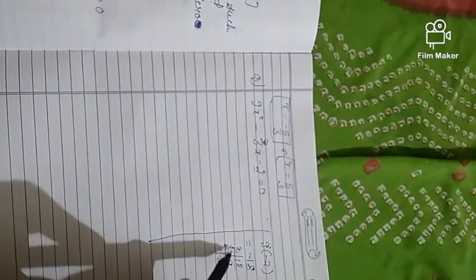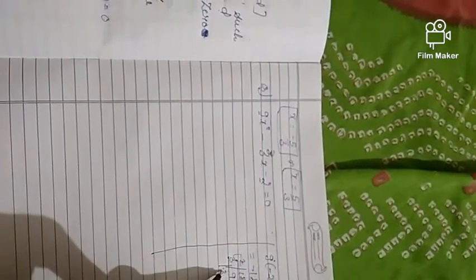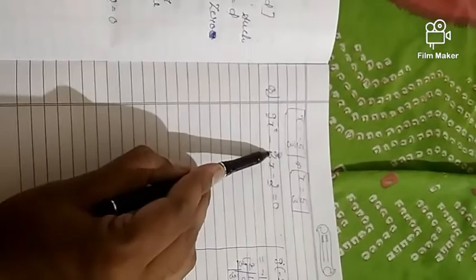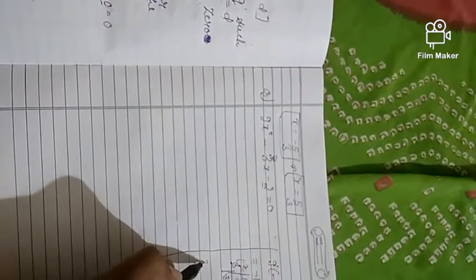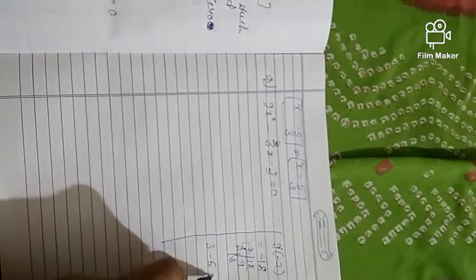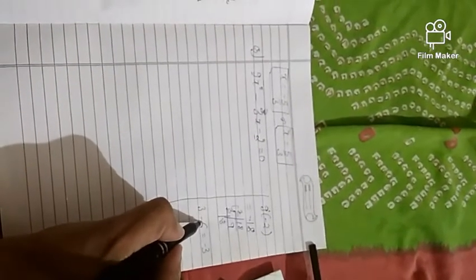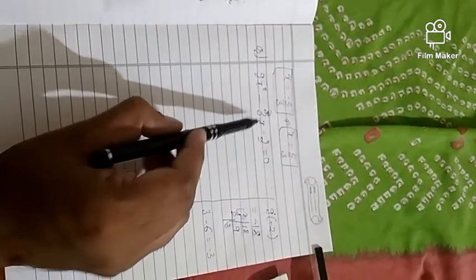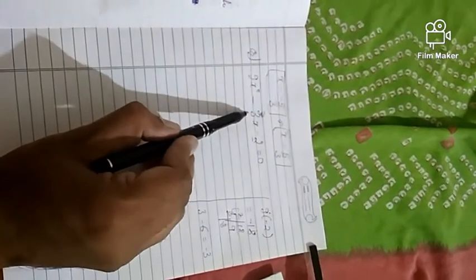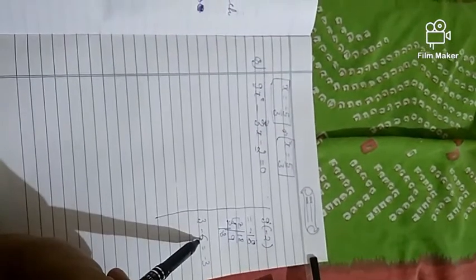See, 6 minus 3 is 3, but I need minus 3, so I can write 3 minus 6, what I can get is minus 3, and 3 into minus 6 is minus 18. So I have split the middle term. Instead of minus 3x, what I can write is 3x minus 6x.